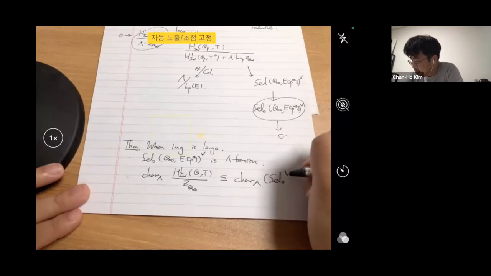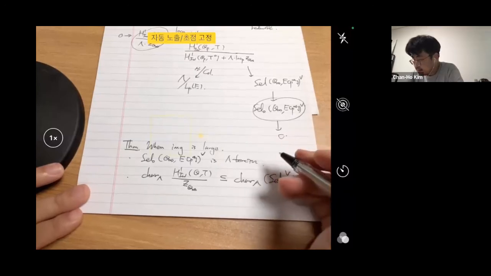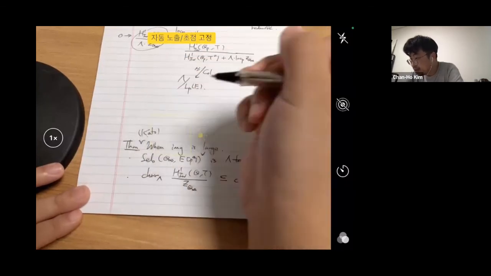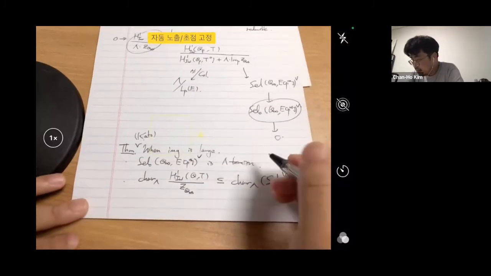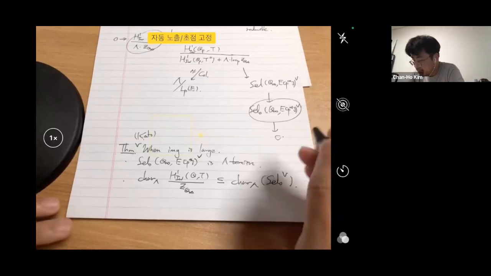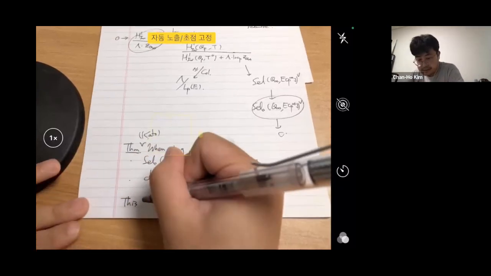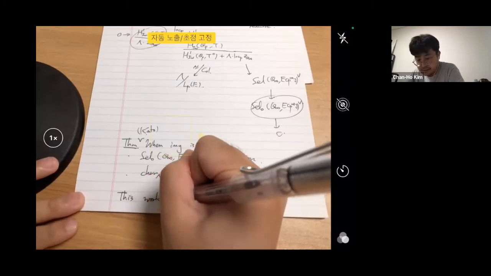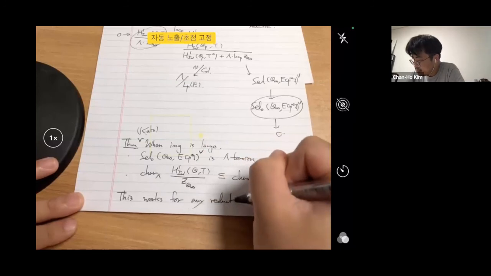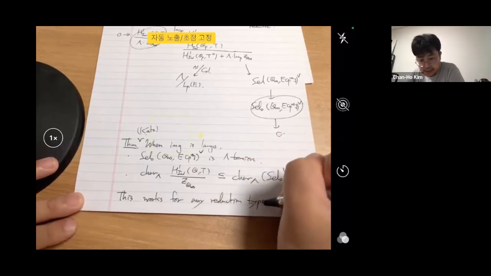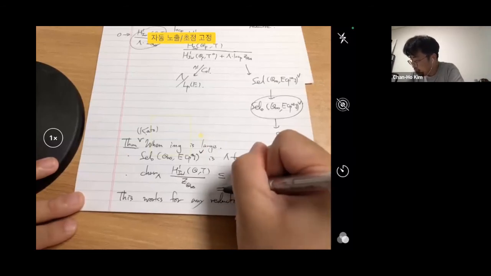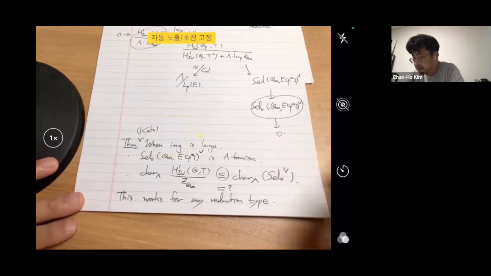Okay, let me just write down like this. This is the theorem of Kato. Yeah, what Kato first proved using his elements. And one virtue of this formulation is this doesn't care about the reduction type. And Kato's main conjecture asks you the equality of this, the inclusion.